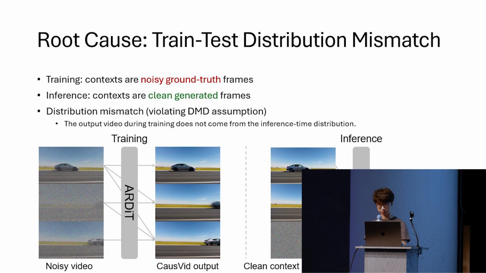The training objective of DMD tells the model to generate something that's in the real video distribution, but because the thing that the model generates during training is not the same thing that the model would generate during inference time, the training objective is not really pushing the model to do the right thing.